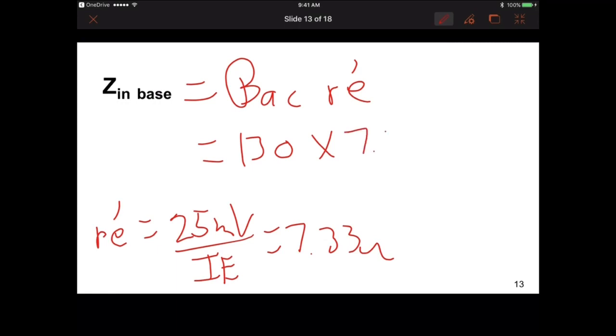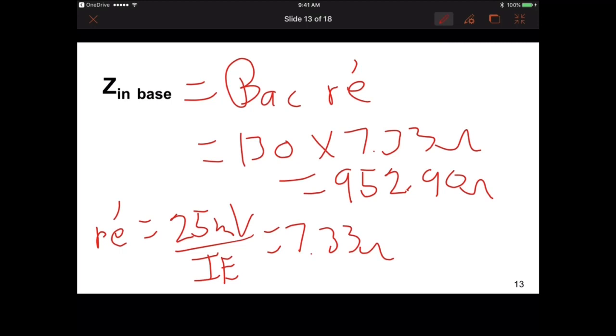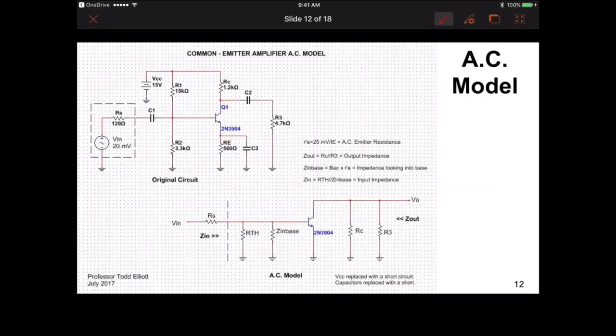So 7.33 ohms times 130 gives us 952.90 ohms. Again, make sure you're looking at the original schematic or the AC model, because otherwise that doesn't make any sense.